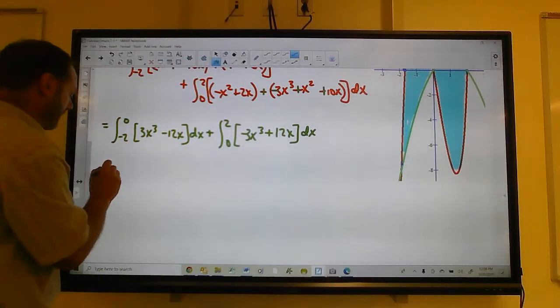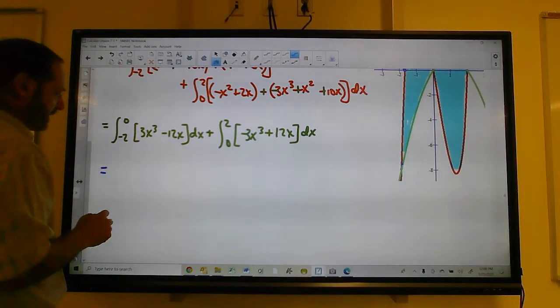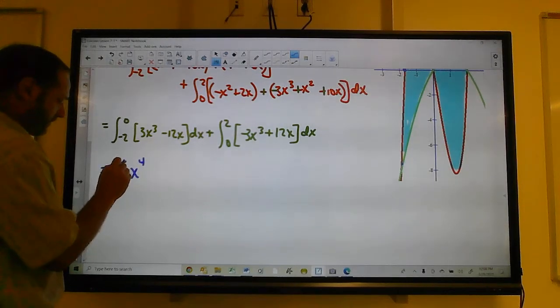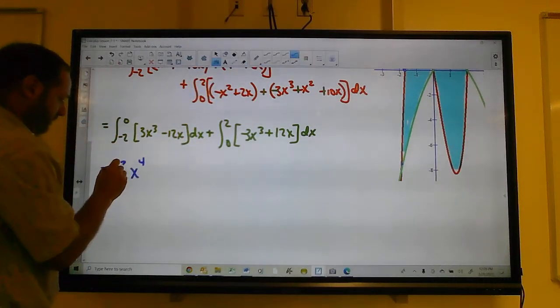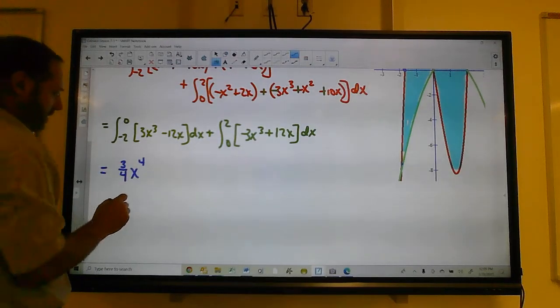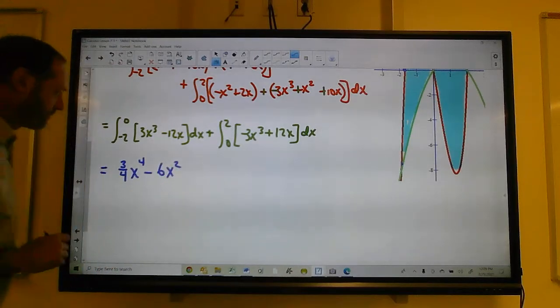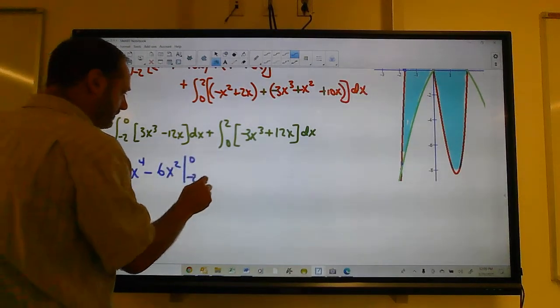And now we just have to integrate. Okay, so this is going to be 3/4 out here in front. Minus 6x squared, evaluated from negative 2 to 0.